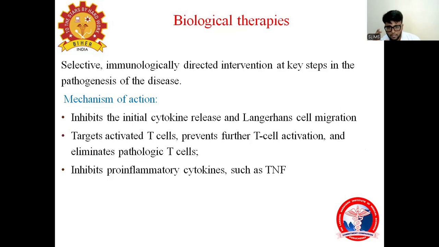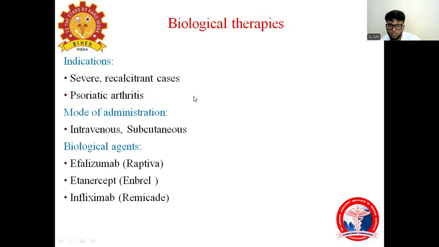It targets activated T cells, prevents further T cell activation, and eliminates pathologic T cells. It inhibits pro-inflammatory cytokines such as TNF alpha. Indications: severe recalcitrant psoriasis, psoriatic arthritis, and several other indications. They can be given subcutaneously.